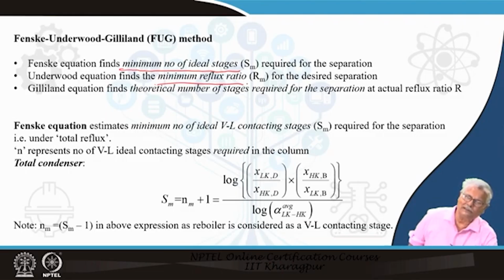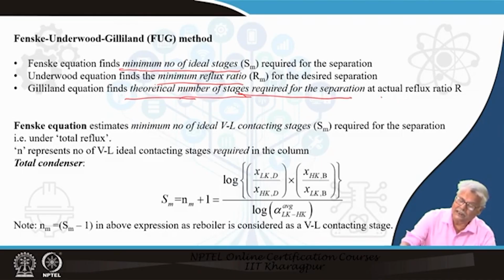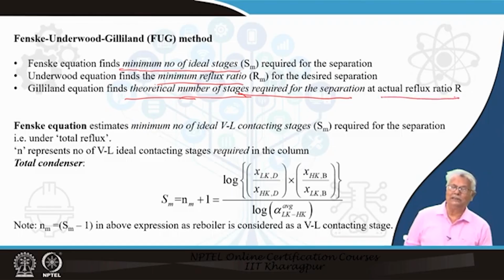The Gilliland equation definitely is the most important equation at the end. That means it is going to give us the actual number of theoretical stages, ideal stages, required for the separation at a particular reflux ratio of R, which is definitely more than R minimum, because R minimum is the minimum required. Your actual operating reflux R has to be higher than R minimum.